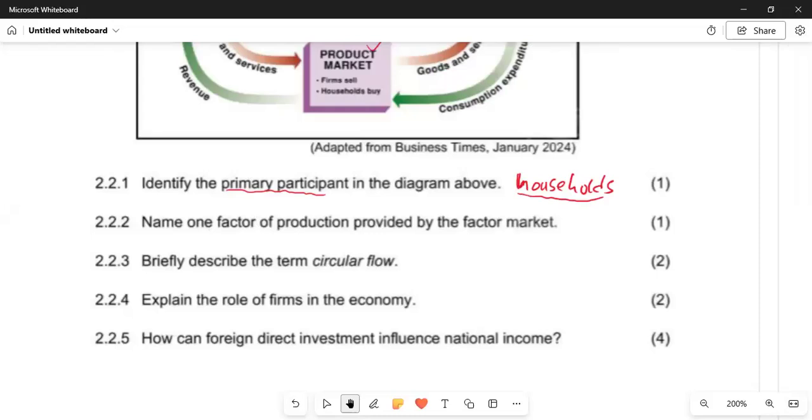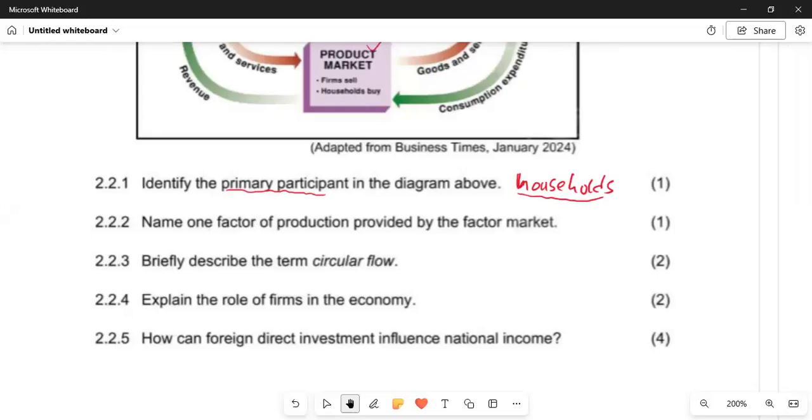Foreign direct investment is going to stimulate economic growth by creating activity.